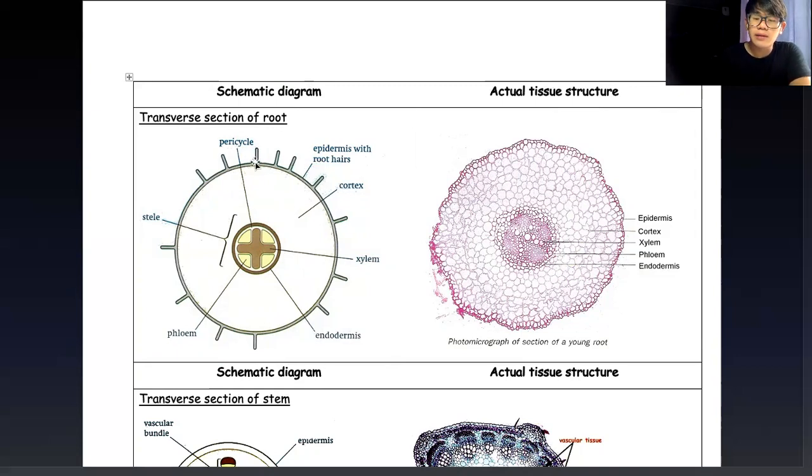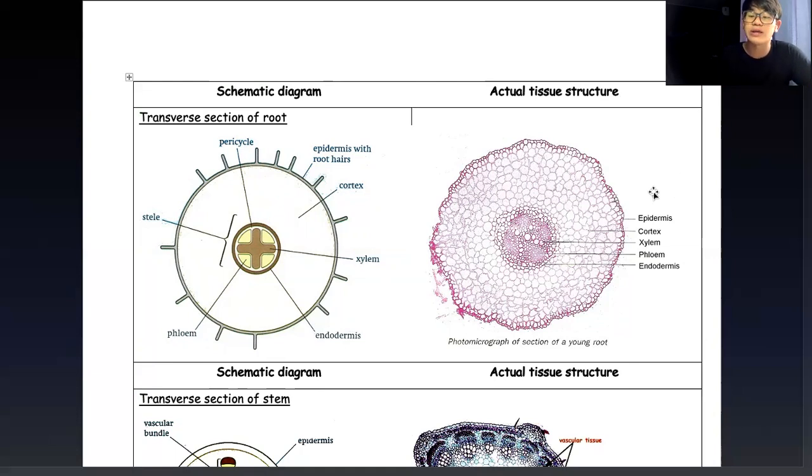It will not be shown here, but it's actually there. But the outermost layer, if you see this layer here, the outermost layer that you can find here is what we call the epidermis. Epi means outside, dermis means skin, so it means outer skin. In this case, it's not human skin, but the skin of the roots.